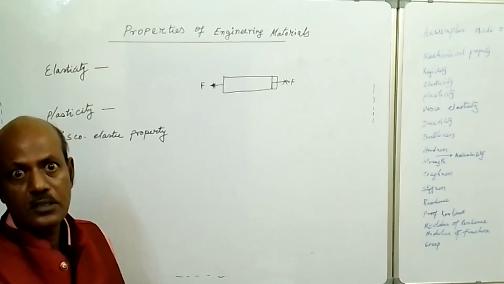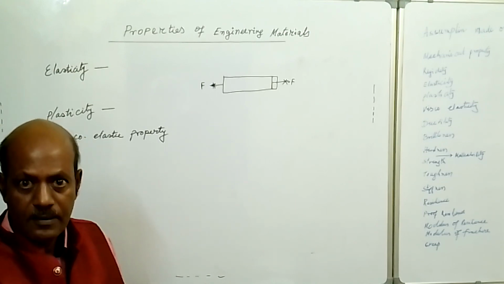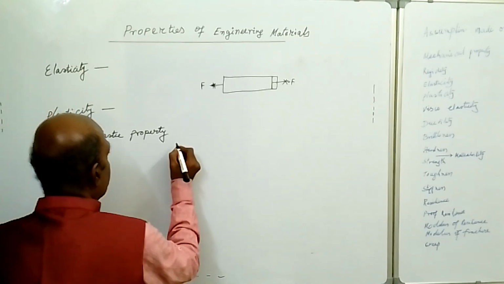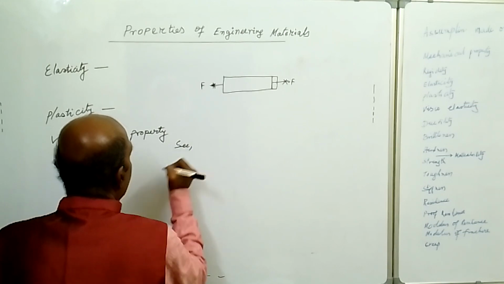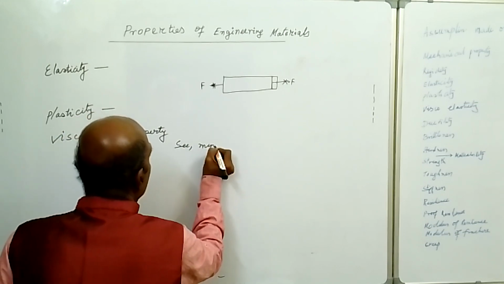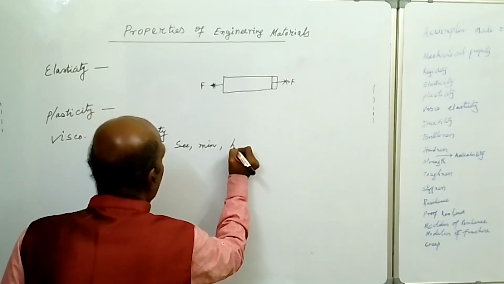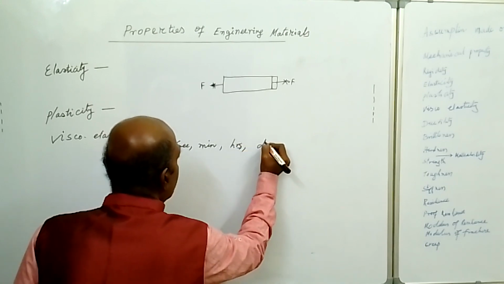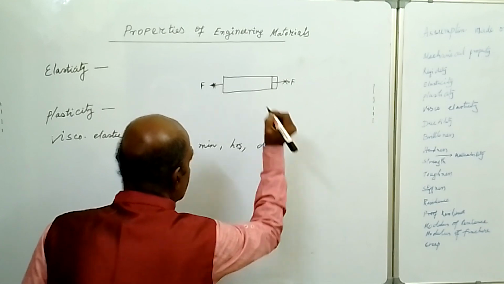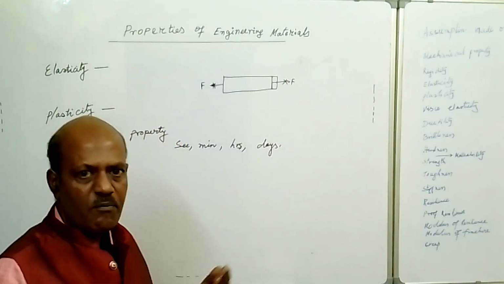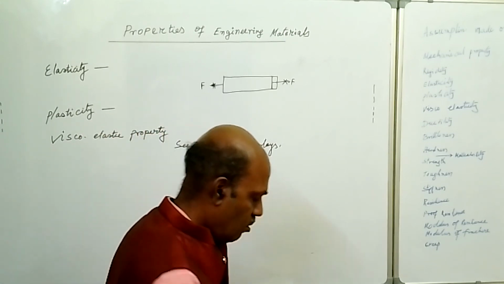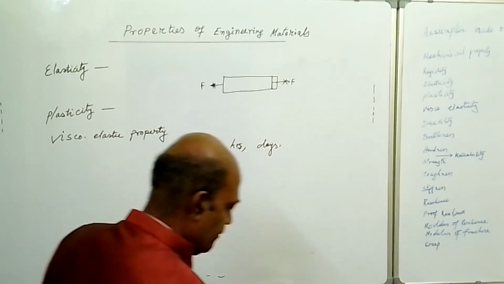It will come back with some time. That time may be in seconds, minutes, hours, or it may be in days. Some plastic-like materials show this behavior, called the viscoelastic property.